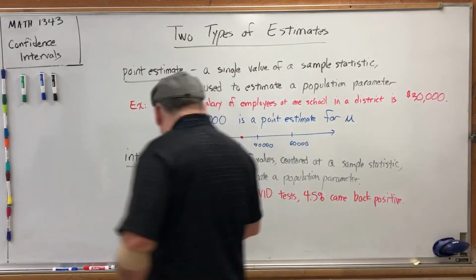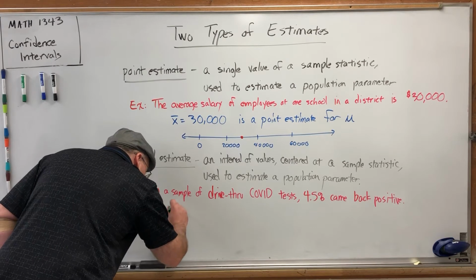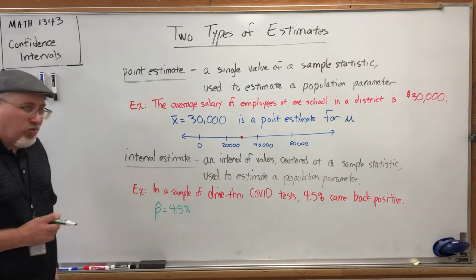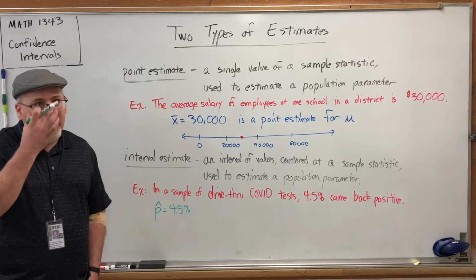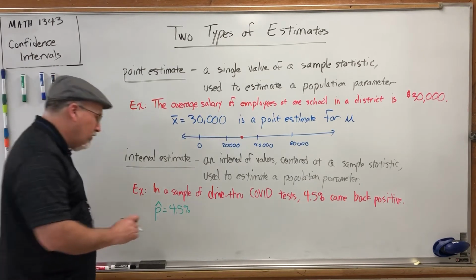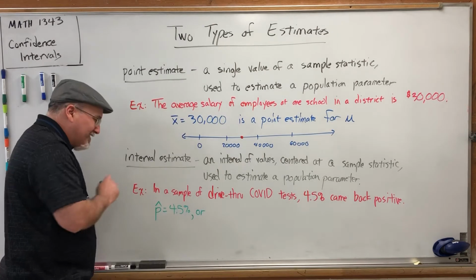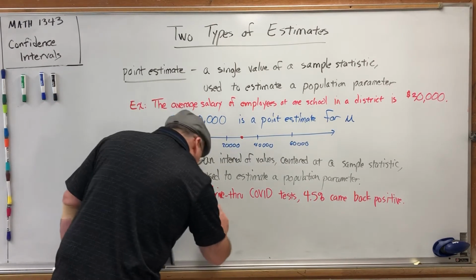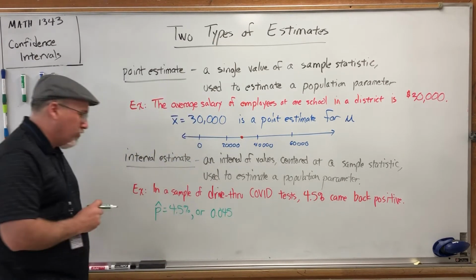So we're basically saying P hat equals 4.5%. And by the way, percents are great for describing things, horrible for doing math with. So in general, when you do math with the percent, you convert it to a decimal. So I'm just going to put comma or its decimal equivalent by moving the decimal 2 places to the left, 0.045.